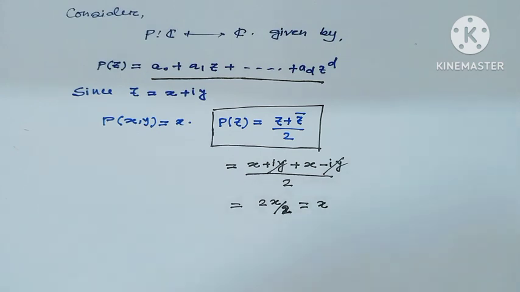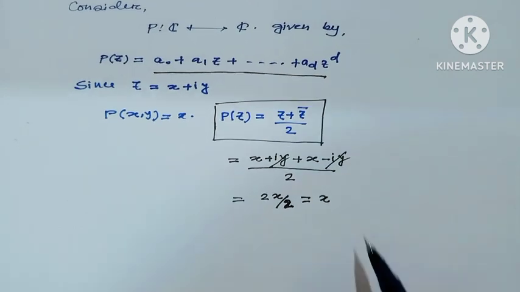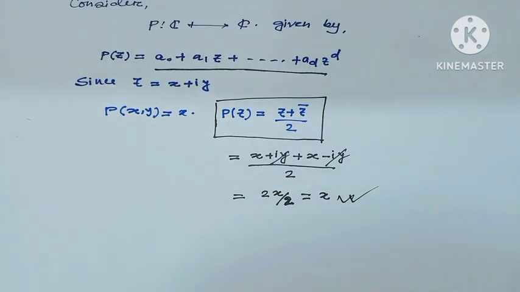If p(z) equal to x, then p(z) equal to (z plus z bar) over 2. That means this is equal to (x plus iy plus x minus iy) by 2, which is equal to x. I hope all my viewers have understood what is the polynomial function in complex variable.